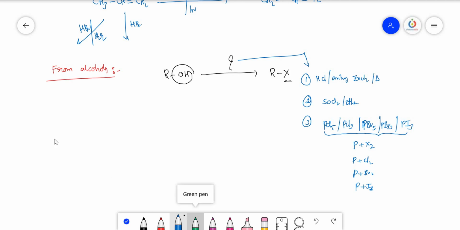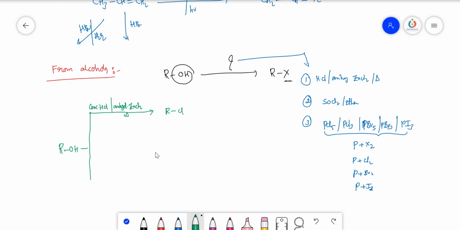So I will write down those reactions also here. ROH I will take, just for example purposes I am writing concentrated HCl, anhydrous ZnCl2 and heat it. So we get RCl, and this reagent is called the Lucas reagent.